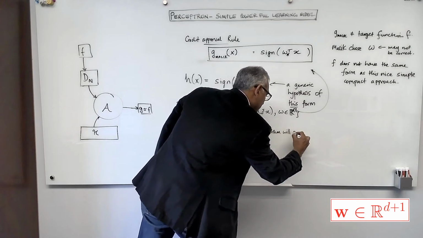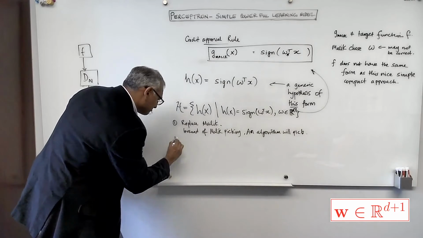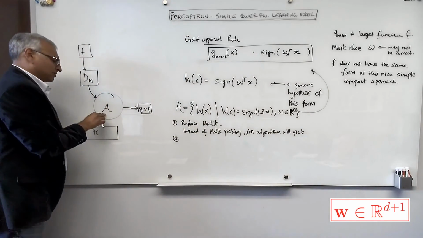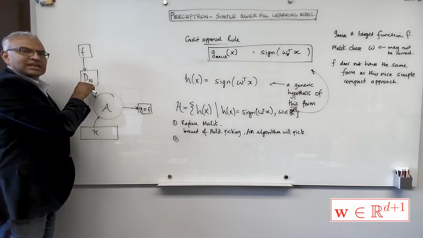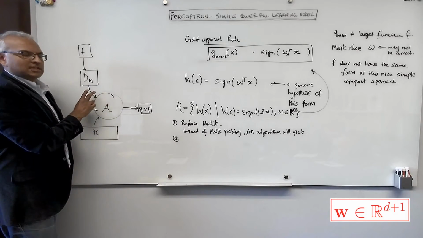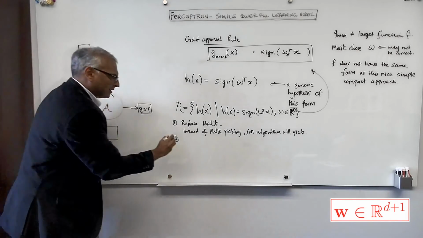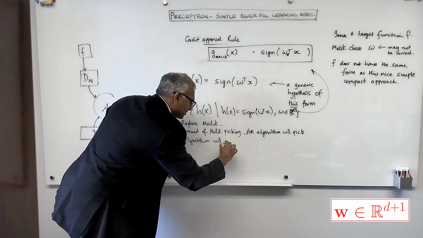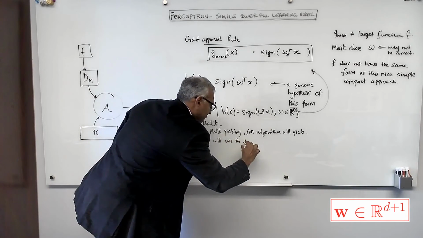And two, Malik just came up with those weights and we have to trust Malik. But no, the algorithm will use the data. And that's why it'll be an algorithm that learns from the data to produce a G that's approximately F.